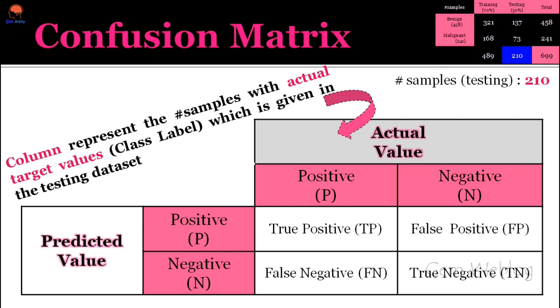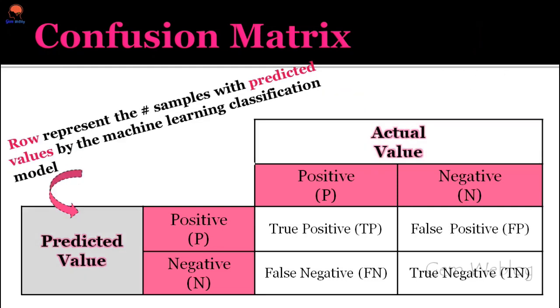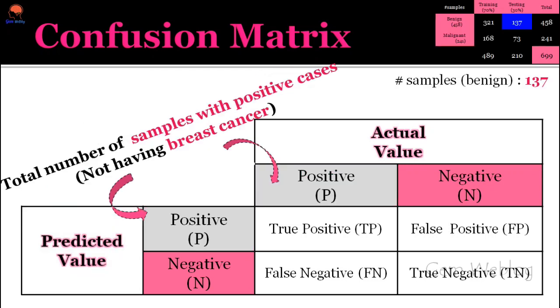Now we will look into the confusion matrix in detail. The column represents the number of samples with the target value which is given in the testing dataset. So the number of samples in the testing dataset is 210. The row represents the number of samples with the values predicted by the machine learning classification model.